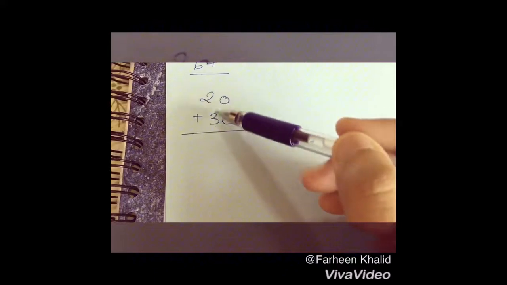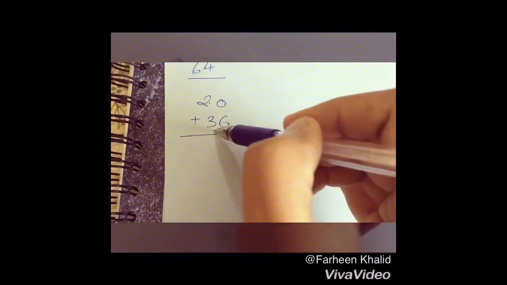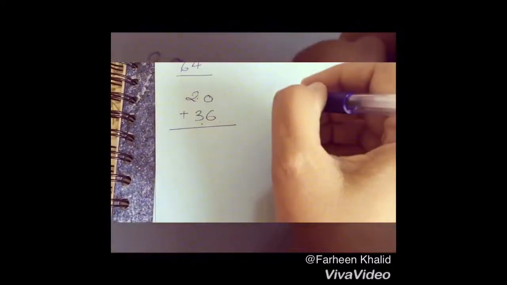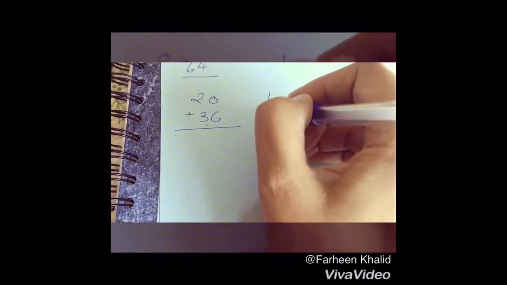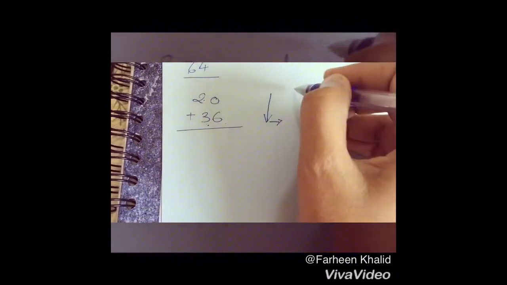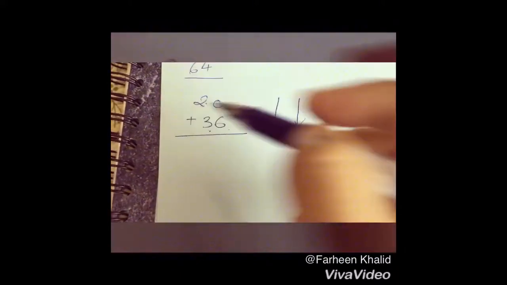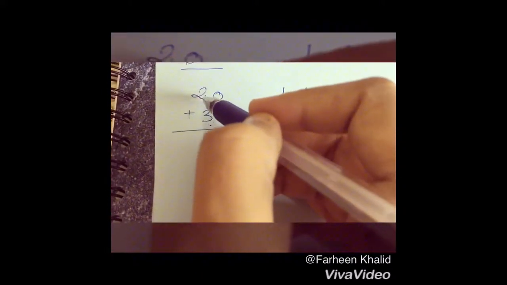So now we go this way. We start from top, we go till bottom, and then we go to the right. So this is going to be the flow, top to bottom, and then we go to the right. Again in the right, we go from top to bottom. That's going to be the flow. So now let's do this. The first thing is 20 plus 30.